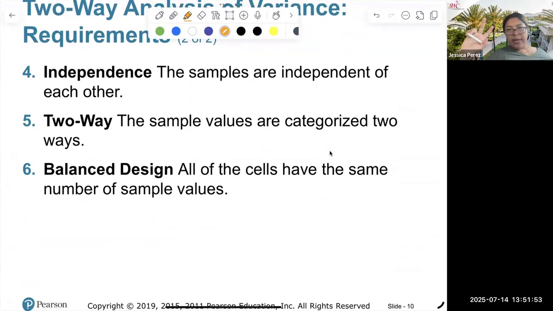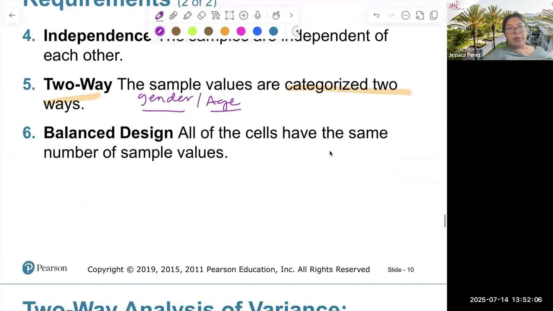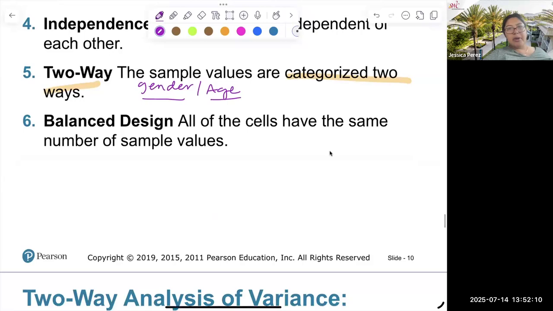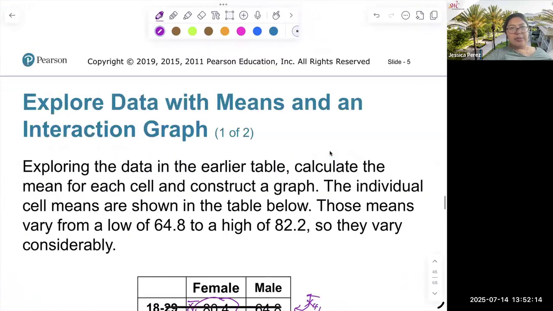It's a two-way design. The sample values are categorized in two ways. Yes, in gender and in age. Those are my two categories. And I have to have a balanced design, where all of the cells have the same number of sample values. Let's check how many sample values we have.